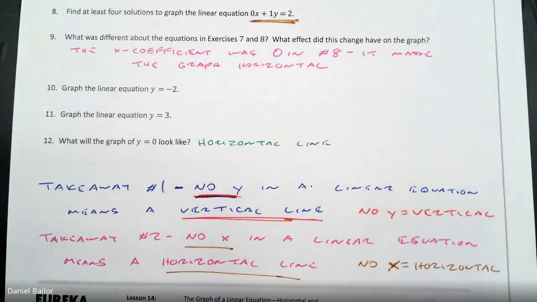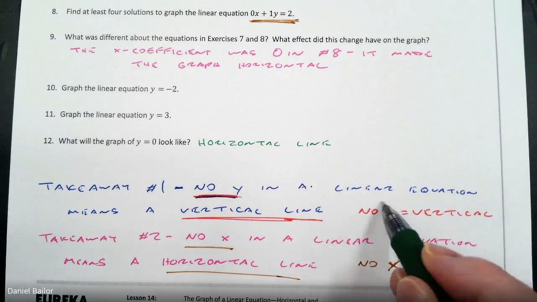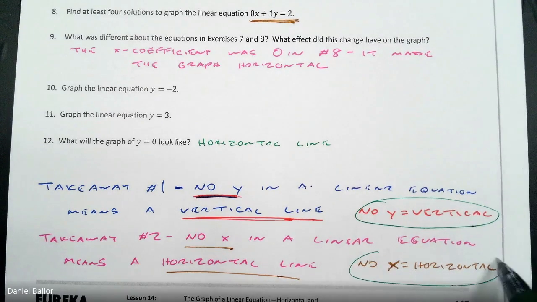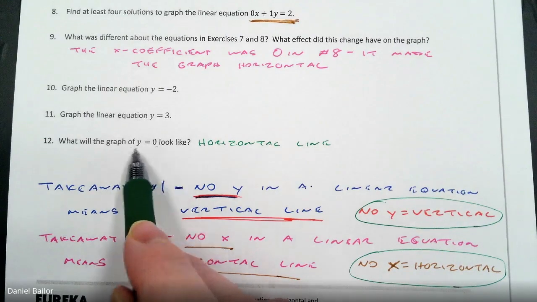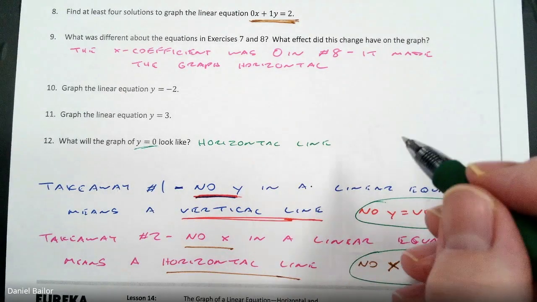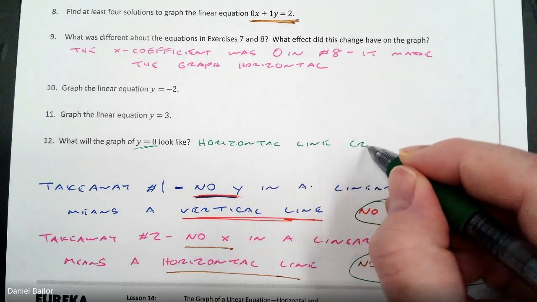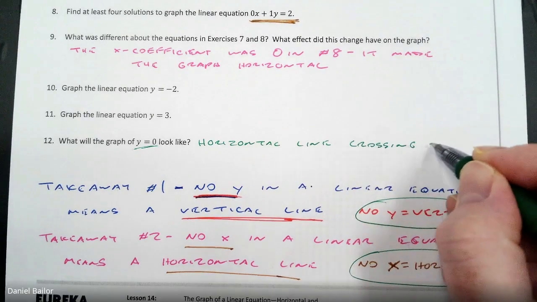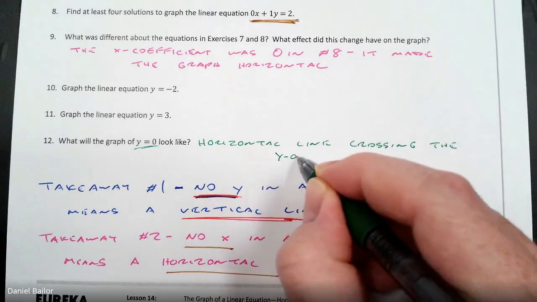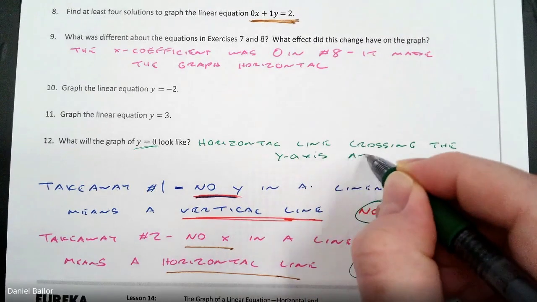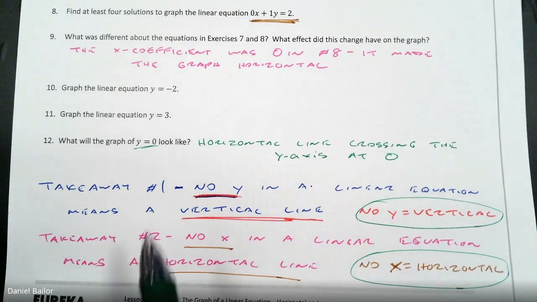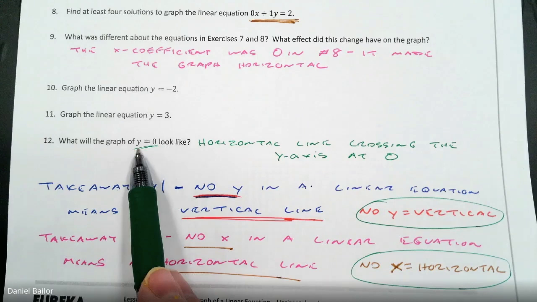So no x means horizontal. That's our takeaway number 2. So here are our 2 takeaways. There's no x, so we get a horizontal line. And where does it cross? Crossing the y-axis at 0, because y is 0. So it hits y at 0.